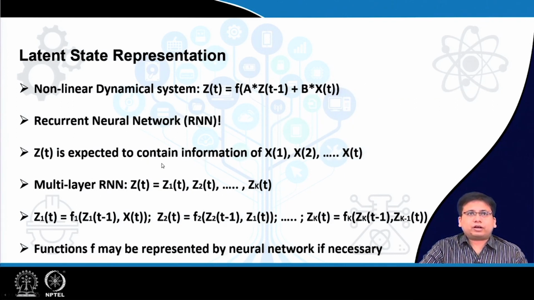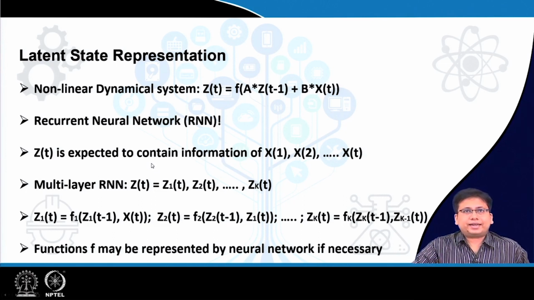Now, instead of a linear dynamical system, we can also have a non-linear dynamical system, and that forms the basis of what is known as the recurrent neural network. Instead of having just a linear function, I can apply some kind of non-linearity by putting in a suitable non-linear function like this.